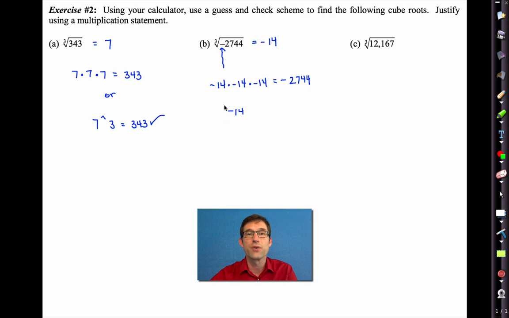Or negative 14, always get parentheses around it when it's negative, to the third is that guy. All right, the last one, man, it seems like it should be huge. The cubed root of 12,167, but that's in fact 23. And again, just playing around, 23 times 23 times 23 gives you that 12,167.